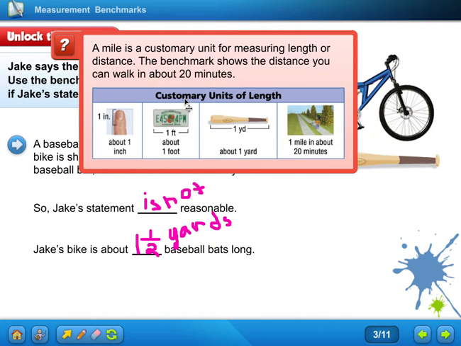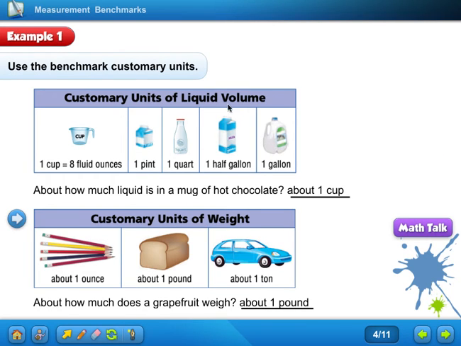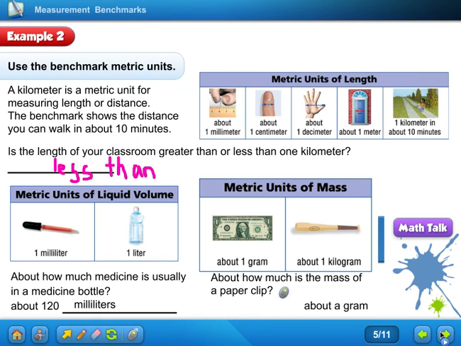So we looked at customary units of length, customary units of liquid volume, and weight. And then we also looked at the metric system.